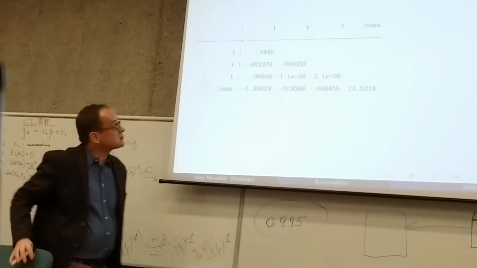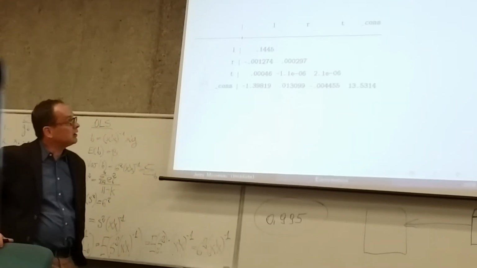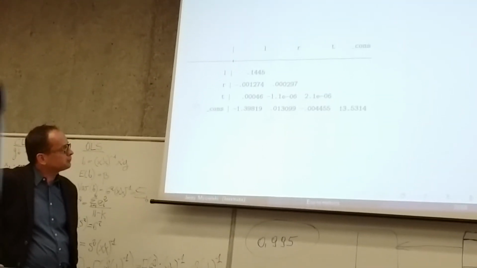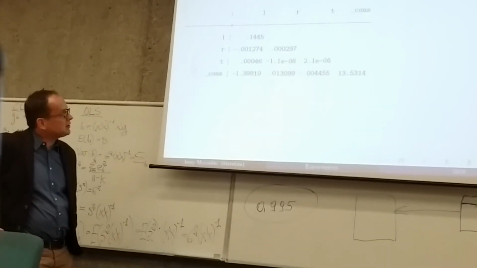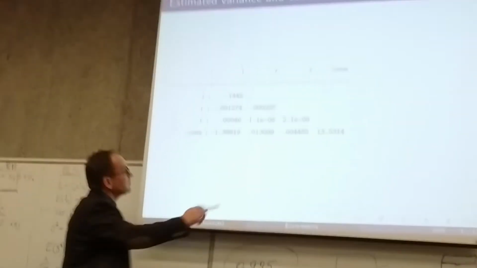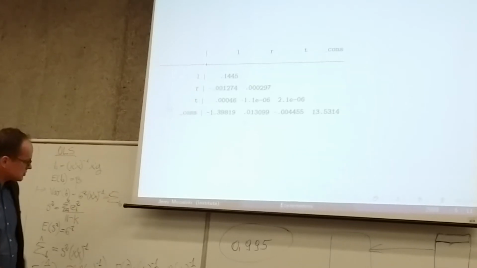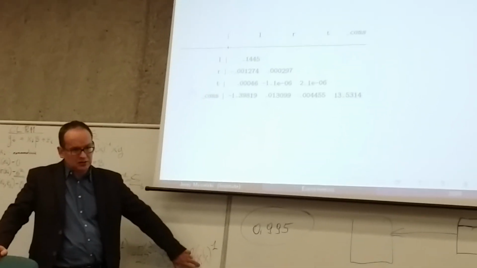Notice that only the elements on the main diagonal and under the main diagonal are reported. Why so? This is because this matrix is symmetric.